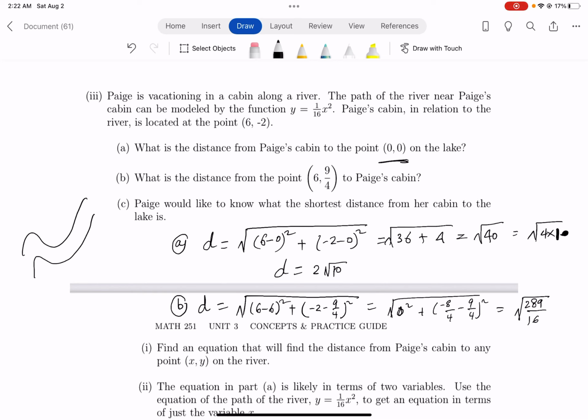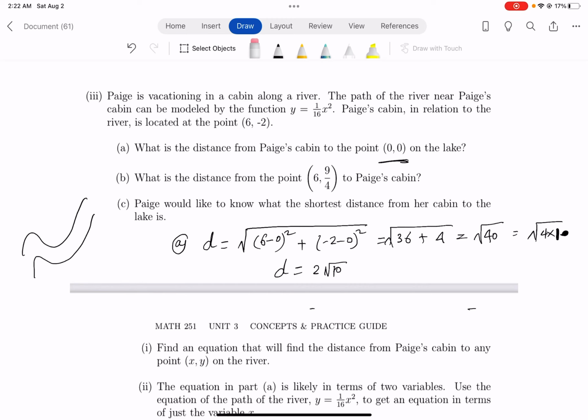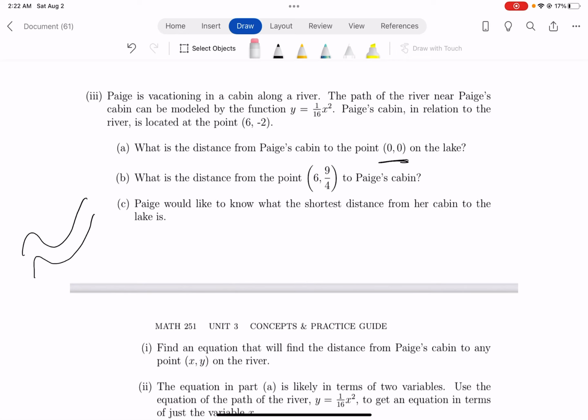Now we need to minimize this distance. So we need to figure out a way. Let's solve it here. Let's find out the shortest distance, which means that we need to minimize the distance between Paige's cabin at (6, minus 2) and the point (x, y) on the river.